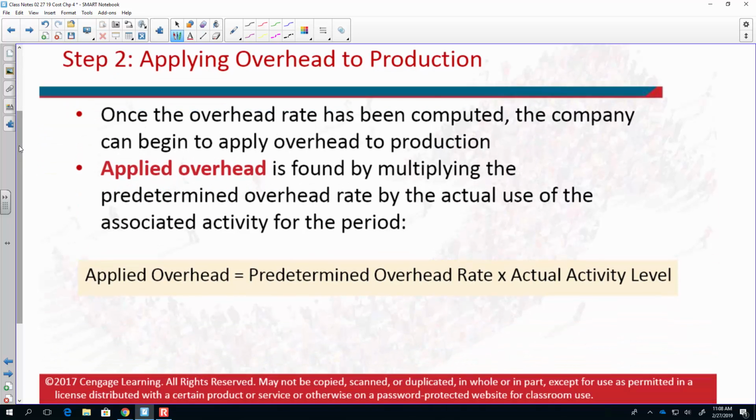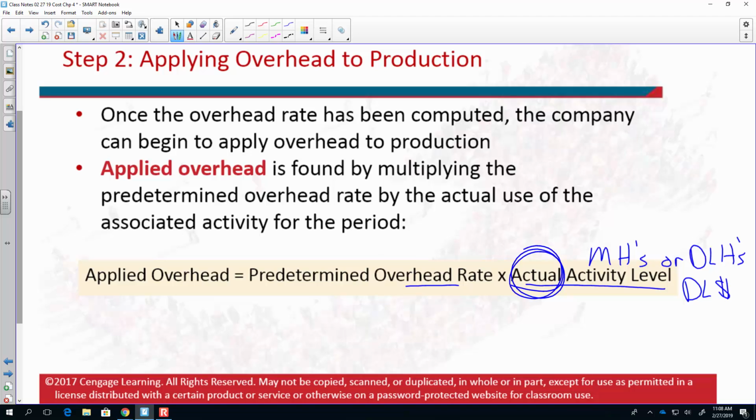Next, step 2, once I have the rate, I'm going to use that rate and apply it against the machine hours or labor hours or labor cost, actual number.